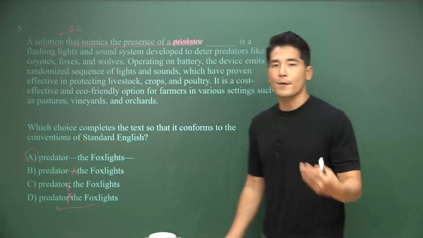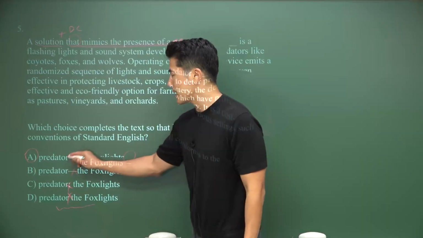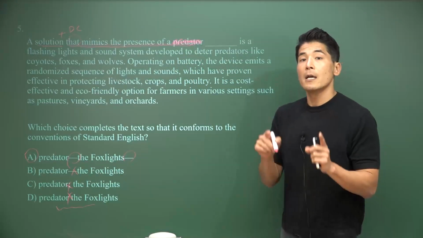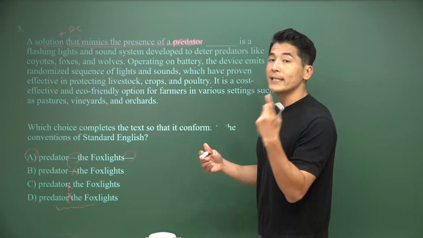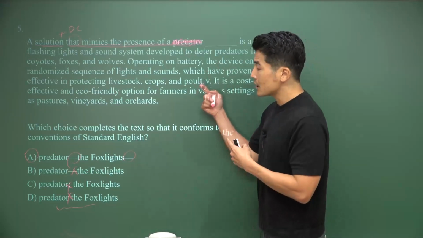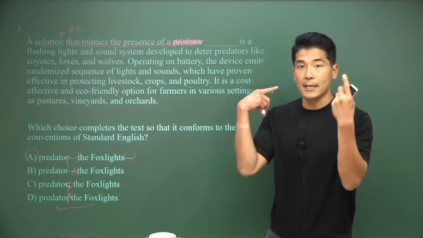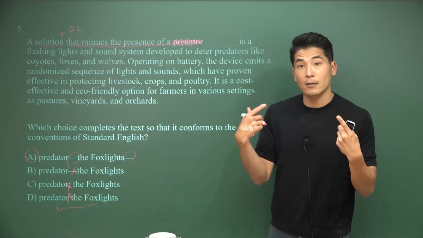But let's go one step further. Why would A be correct? Notice how we have double dashes. Remember, I told you, when you have double dashes in your sentence, do two things. First of all, read around the double dashes. If you read around the double dashes, it should still be grammatically correct and make logical sense.